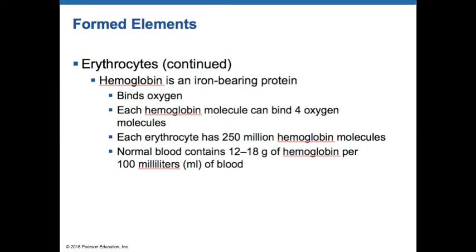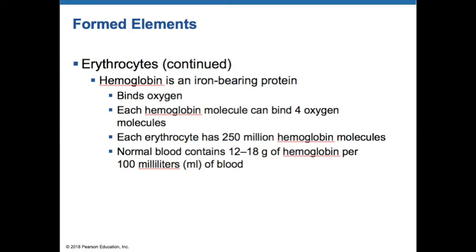And so within each erythrocyte, we're going to find 250 million hemoglobin molecules, which means that approximately within one erythrocyte, we're going to find 1 billion oxygen molecules.